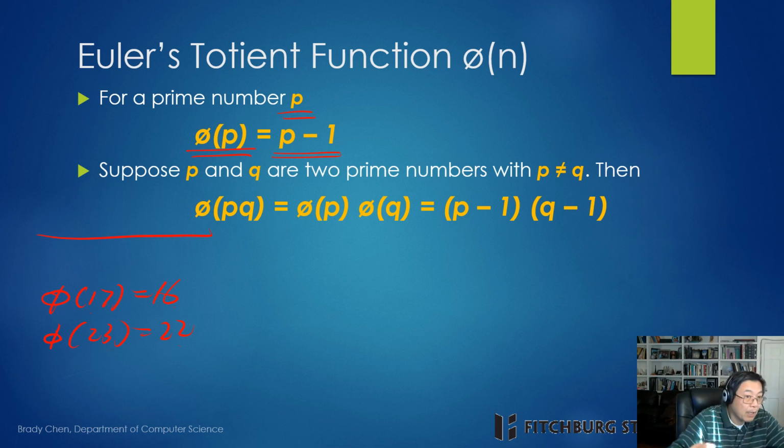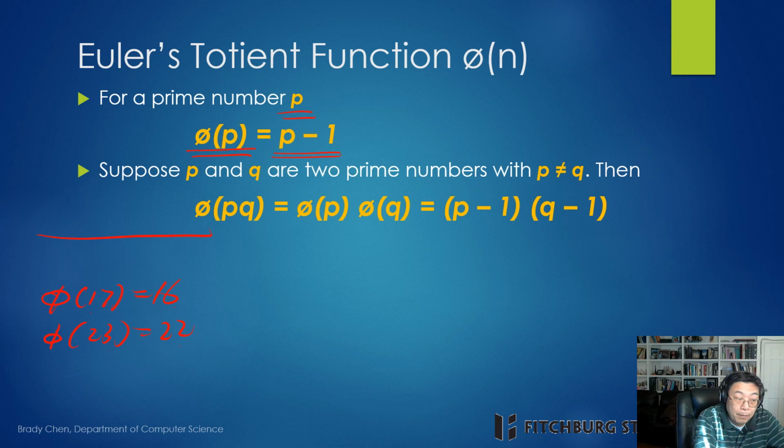So any number between 1 and p minus 1 is relatively prime to p. So based on the definition of Euler's totient function, phi of p is p minus 1.